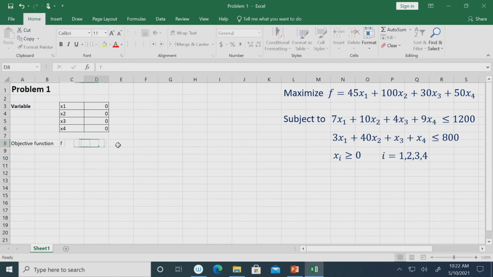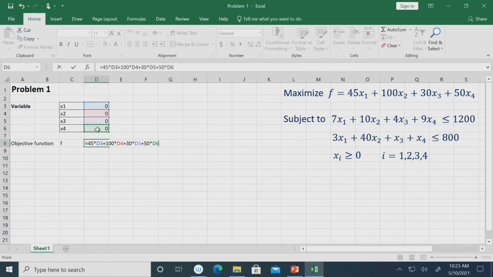Now, let us define the objective function. Okay. So, the objective function is f. Now, I have to write this objective function equation, which is 45 x1 plus 100 x2 plus 30 x3 plus 50 x4. How will I write it? That is 45 star x1, so this is the x1 value, okay, plus 100 star x2 plus 30 star x3 plus 50 star x4.